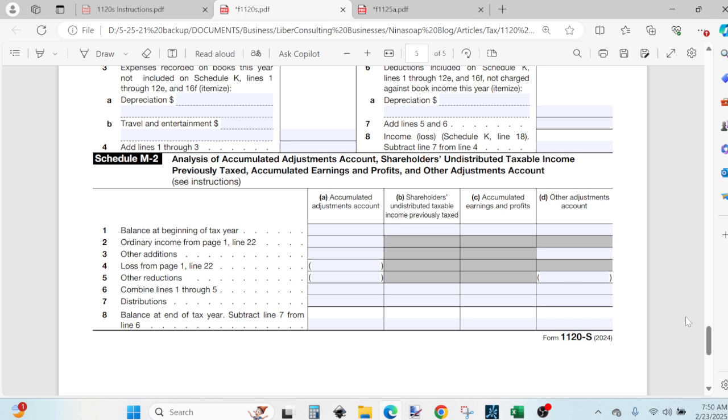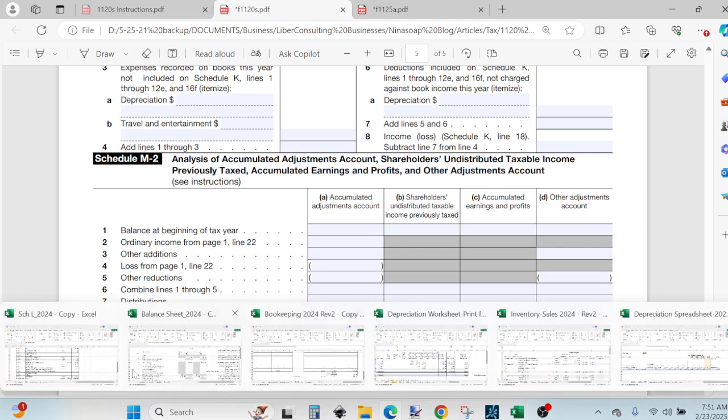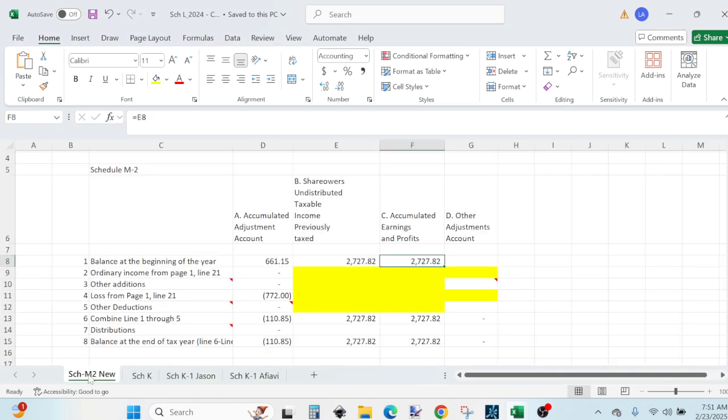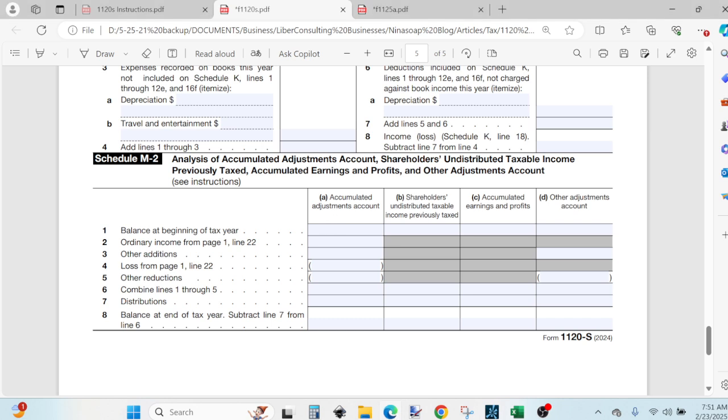You can read the instruction on it, but the balance at the beginning of the year is going to be the prior year end balance. So I'm going to go here and have my draft Schedule M2 and CC 115. So it is the previous year end number, so C61.